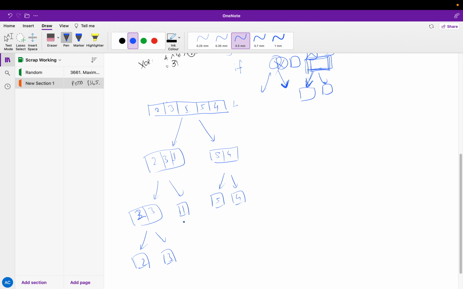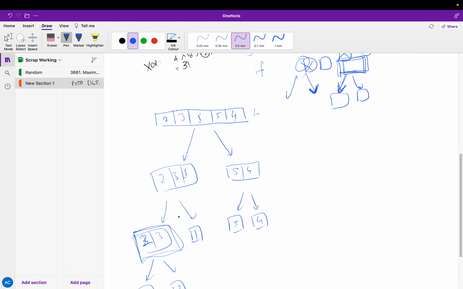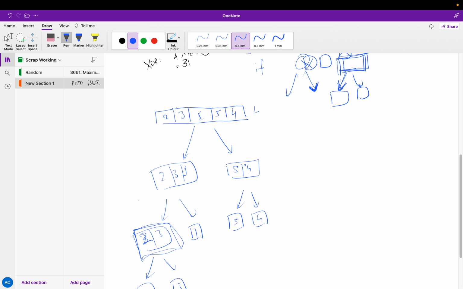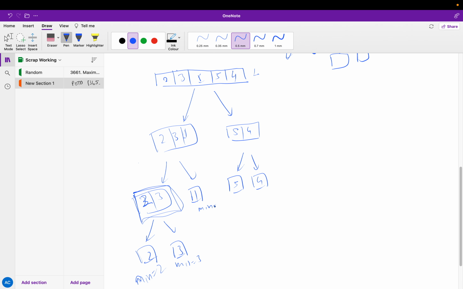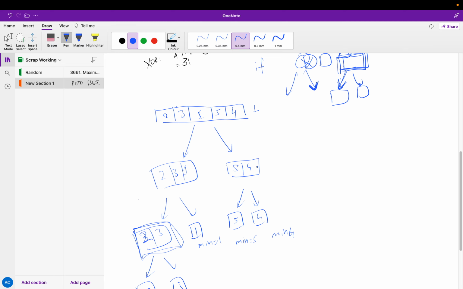This is really cool normally because if you think about each node as an object, you can associate attributes. You can keep track, for example, of the minimum. Min equals 2, min equals 3, min equals 1. In the base case, with one element, the min is just that value. Min equals 4. Then, using a bottom-up approach, you can keep track of the minimum by looking at the two kids.